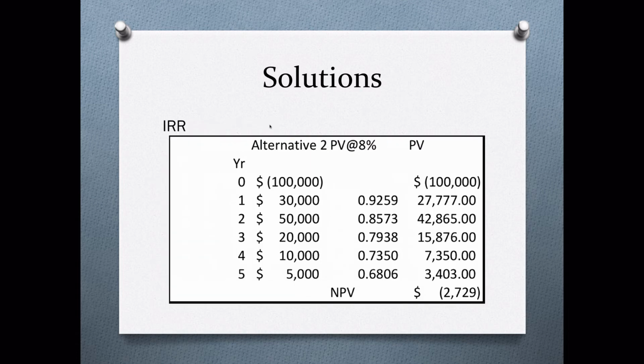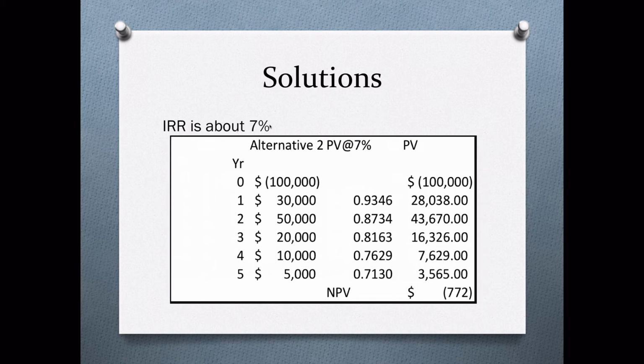On the second alternative, I plugged in 8%, and the net present value went down to a negative 2,729. I thought I'd get closer, so I plugged in 7%, and I got a net present value of negative 772.